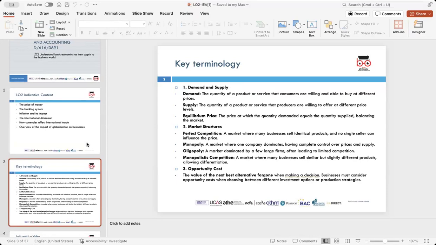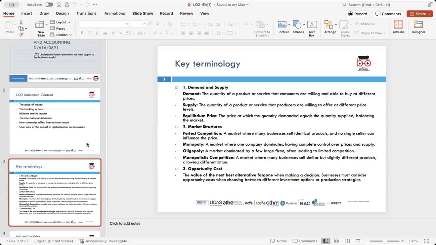As you know, demand is the quantity of a product or service that consumers are willing and able to buy at different prices. Supply is the quantity of products or services that producers are willing to offer at different price levels.